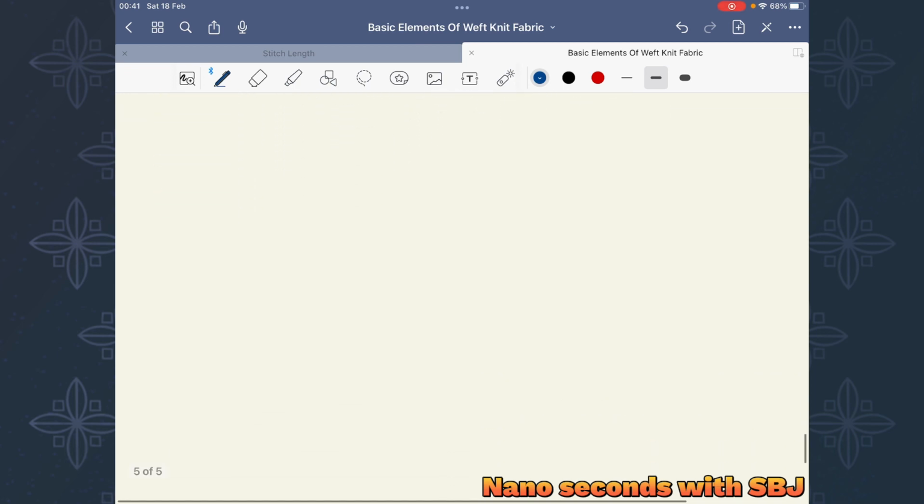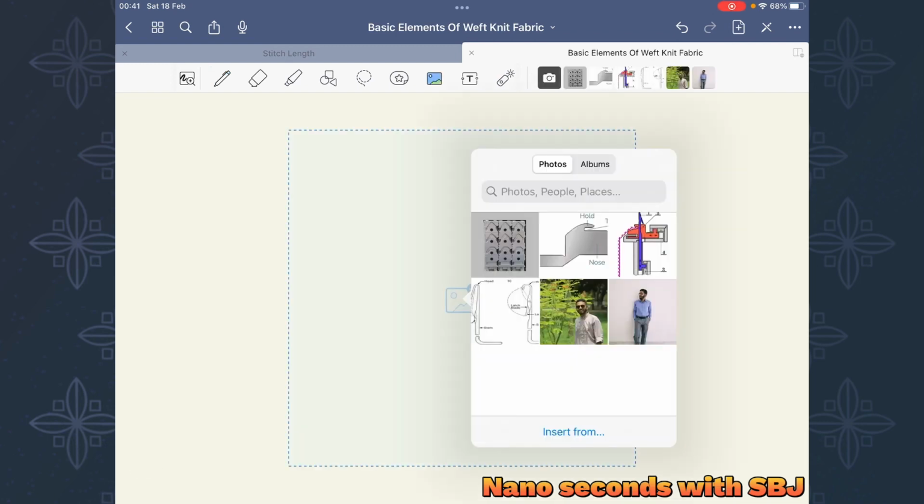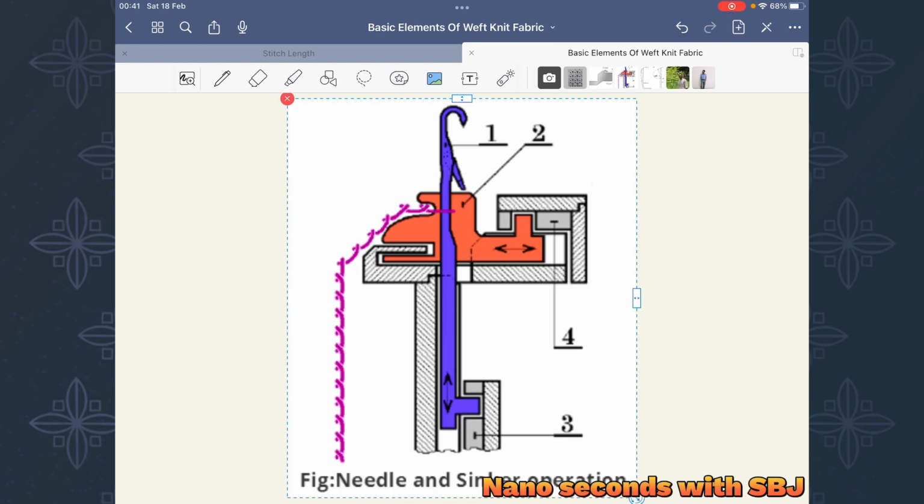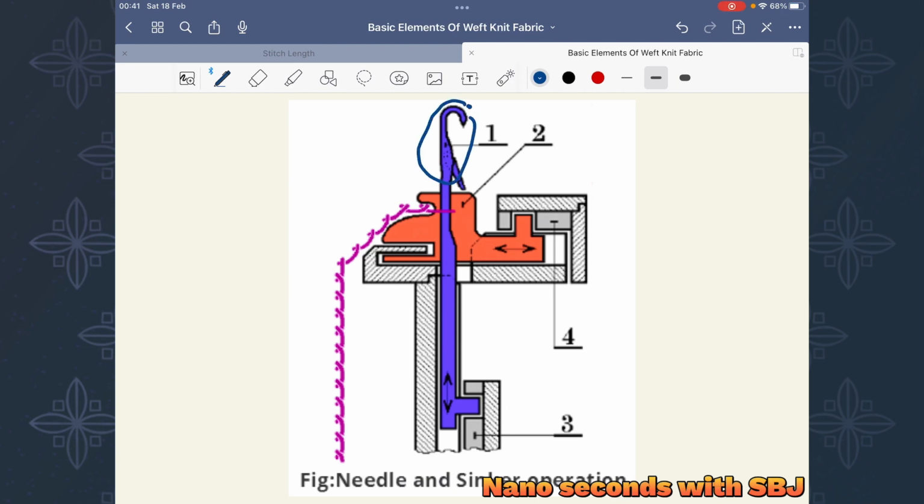And now I want to show you a nice picture, that is the actual arrangement. Here you can see that this is a needle, and this is the sinker.